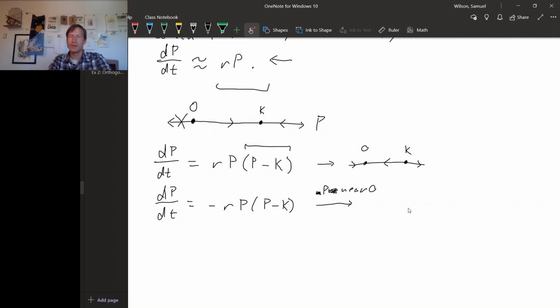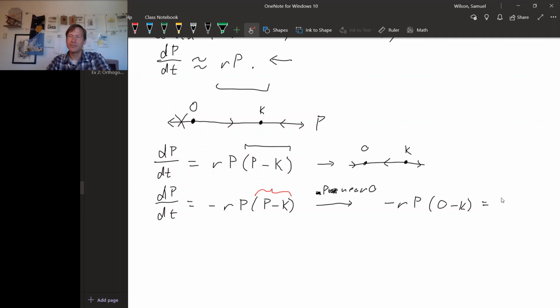When p is near 0, we can't just plug in 0 for this factor of p, because that's the factor that makes 0 an equilibrium, so we need to keep that. But if p is near 0, then this second factor, the p minus k factor, is approximately 0 minus k.